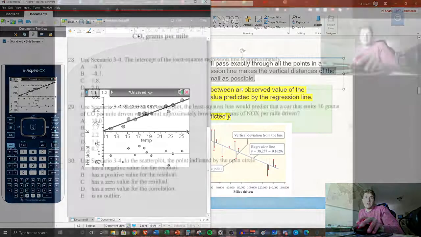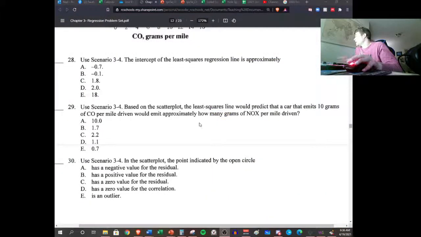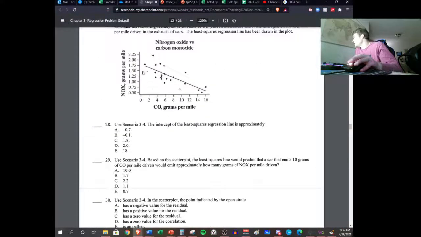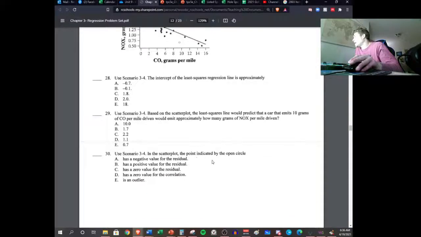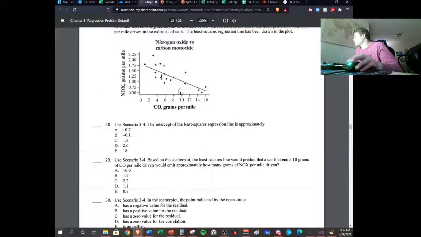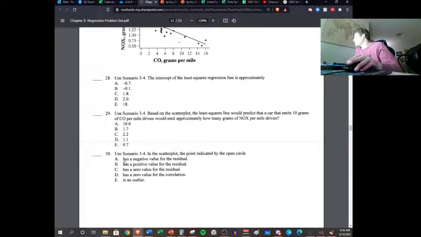But let's go to the left camera again. So it says we're using this graph here. It says in the scatter plot, the point indicated by the open circle, that's right here. You can see that. So A has a negative value for the residual, B has a positive value for the residual, C has a 0 value for the residual, D has a 0 value for the correlation, or E is an outlier.